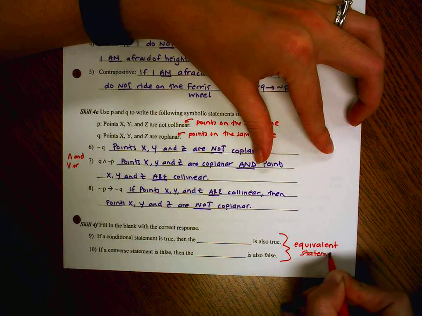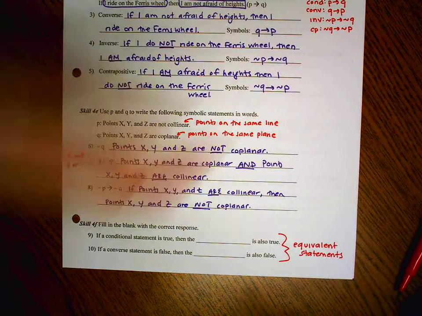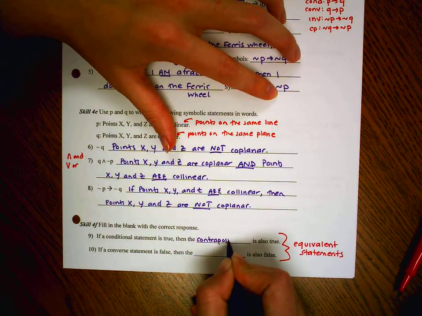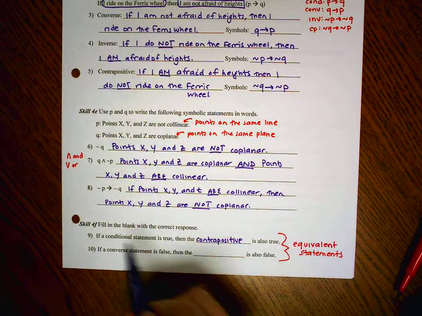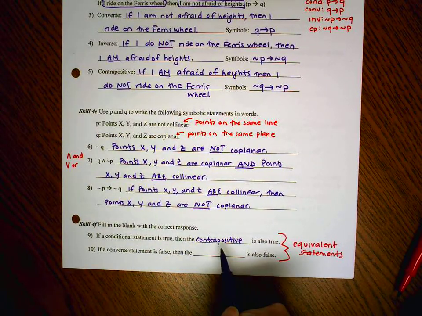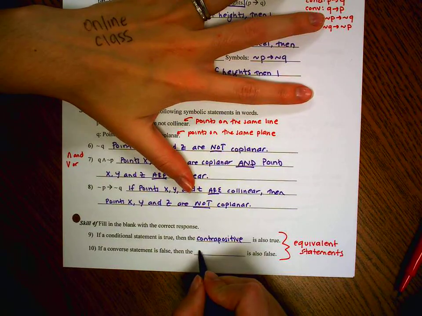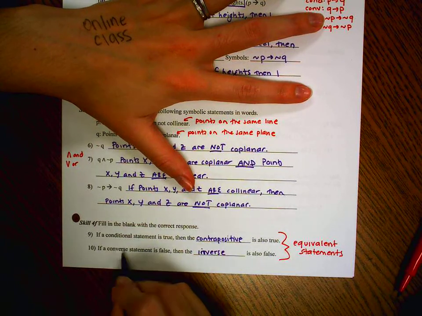Well, the contrapositive is the equivalent statement, because if the conditional statement is true, the contrapositive will be true. If the conditional statement is false, the contrapositive will be false. Okay, the equivalent statement of the converse statement is the inverse. So if the inverse is true, the converse will be true. If one's false, the other one will also be false. So those are our equivalent statements.